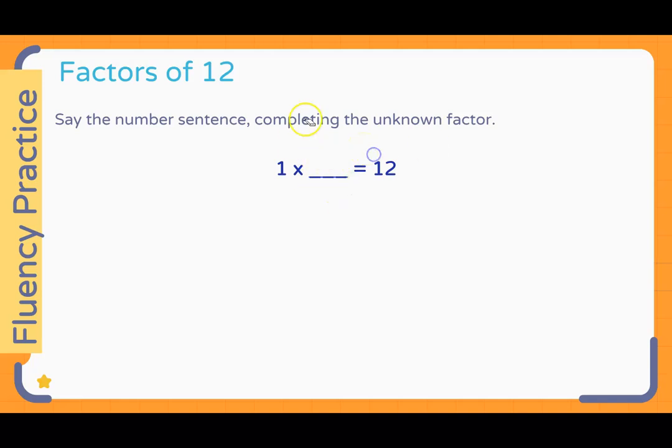Did I do that already? I'm going the wrong way. Okay. 4 times 3 is 12. 2 times 6 is 12. 3 times 4 is 12.